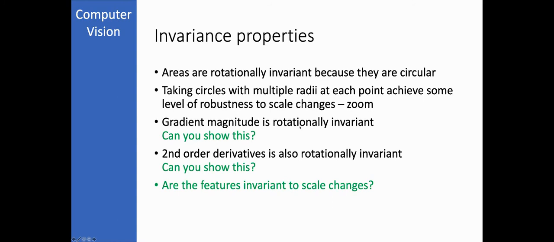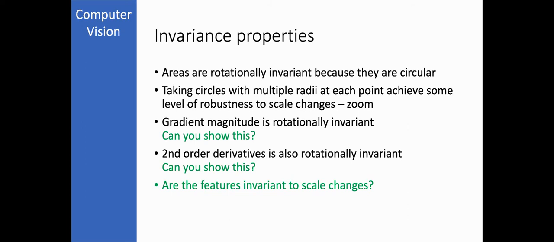Now let's talk about the invariance properties a little bit. First of all, the areas are obviously rotation invariant because they're circular. Second, taking circles with multiple radii at each point achieves some level of robustness to scale changes. So if I zoom into an image, I will extract a larger circle and capture similar information. Now, the gradient magnitude is rotation invariant. That's quite nice.